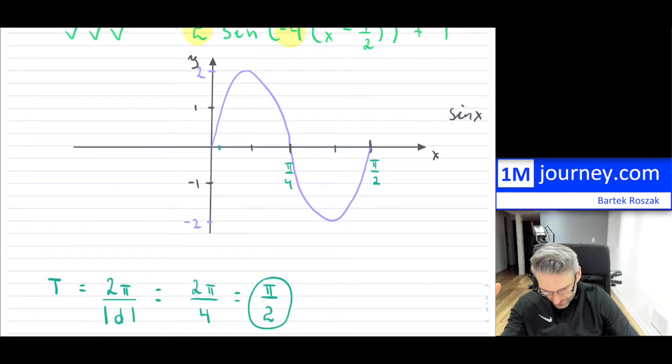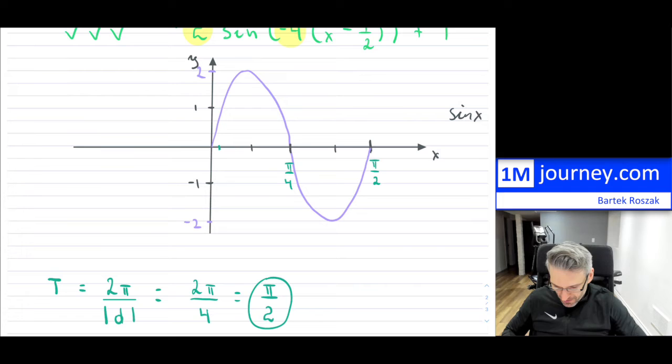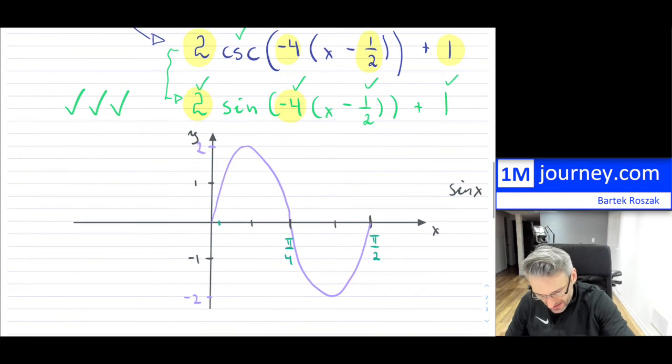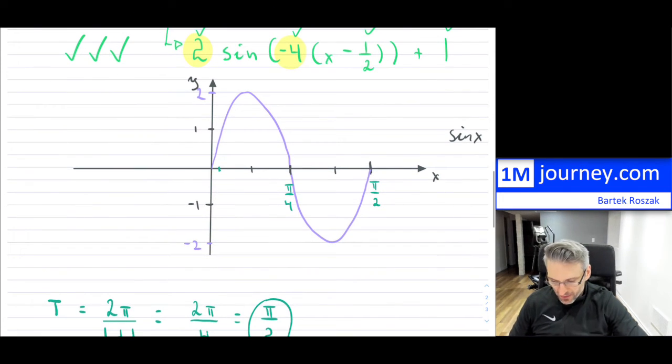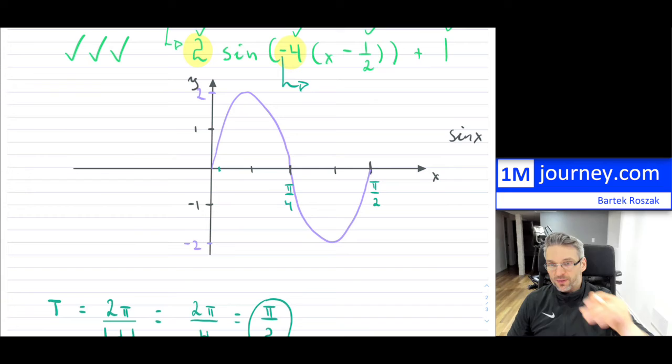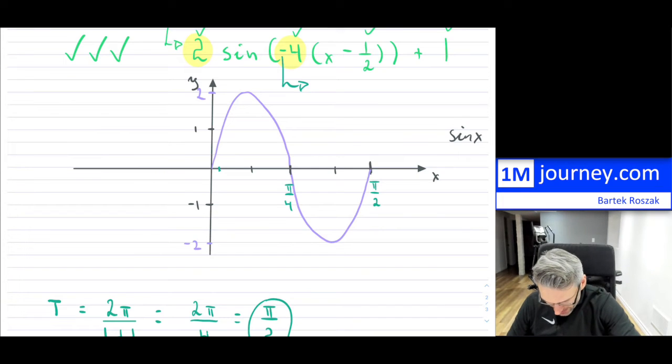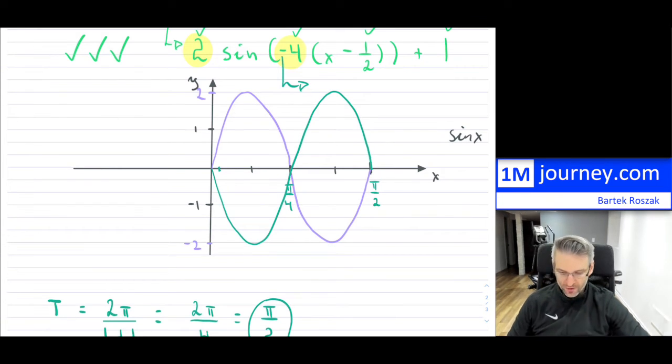And that is my application of D. But notice that from right here there was a reflection in the x, so it goes this way, comes back to here, and it's a reflection like so. So that is my A, and with D applied, my period has changed.